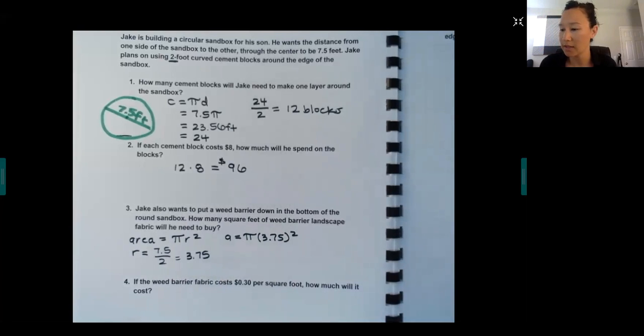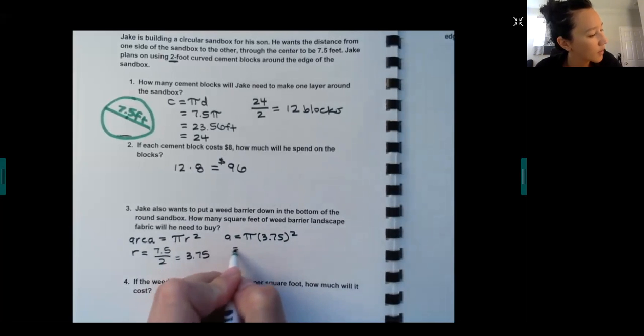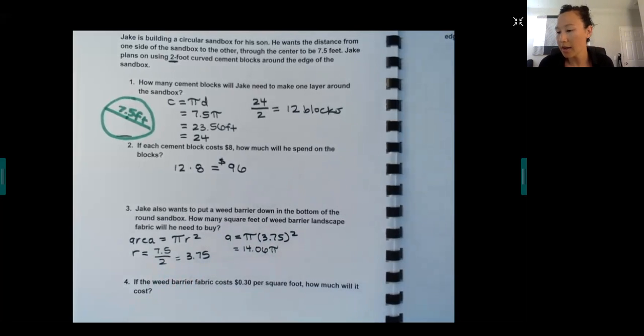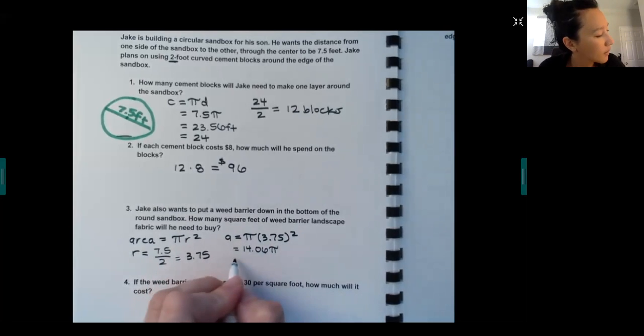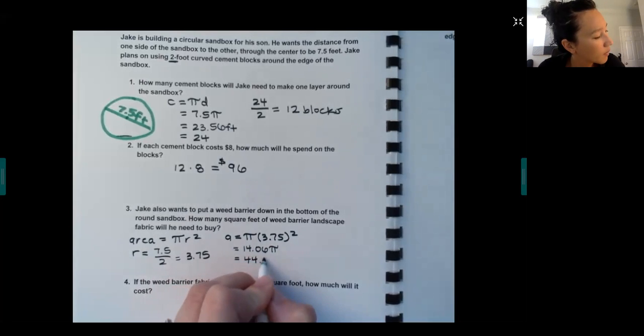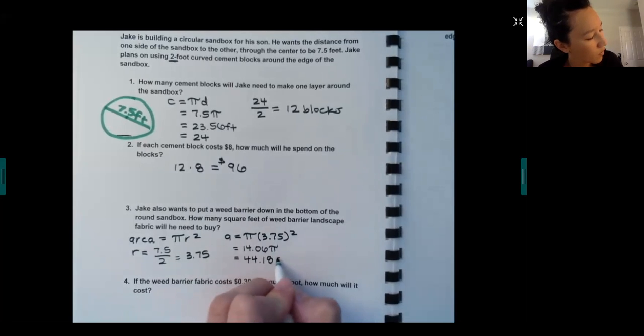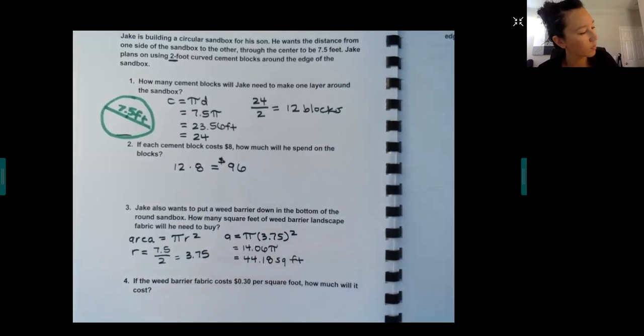So 3.75 squared is 14.06 times pi, which is 44.18. So he'd need to buy at least 45 square feet.